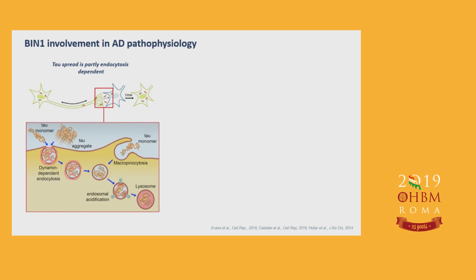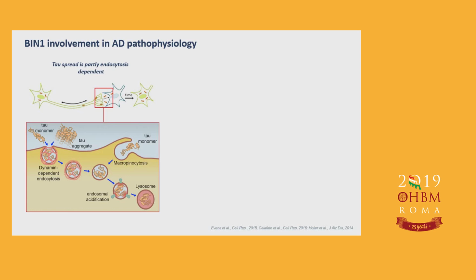So tau is constitutively released from the cell body, where it's being taken up by the synapse via endocytosis. So it spreads along the axon to the cell body, then is released and is taken up by the other neighboring cell or synapse.